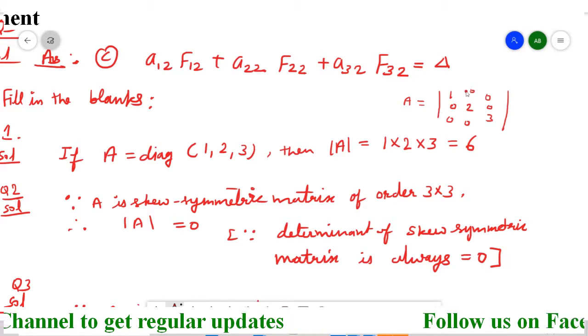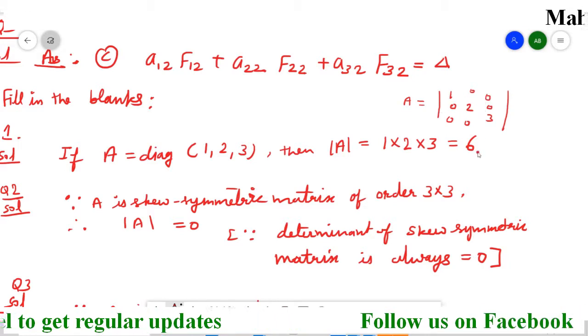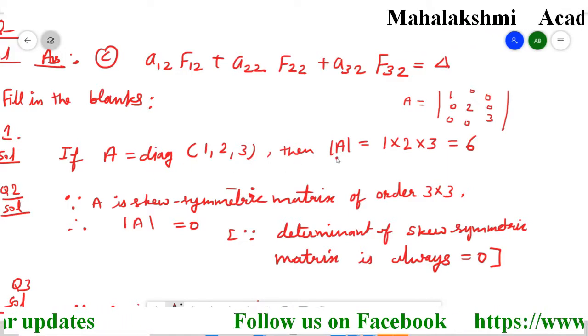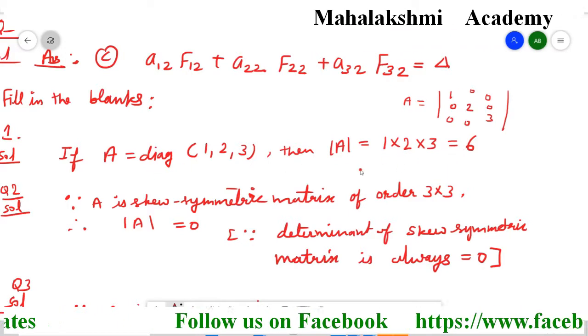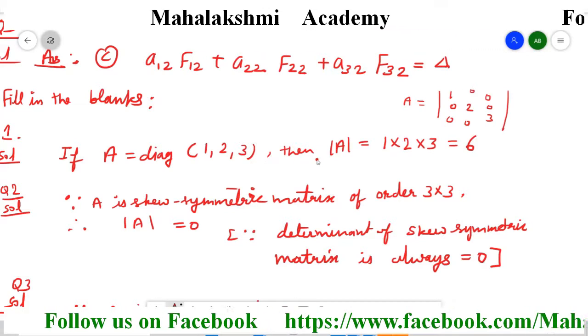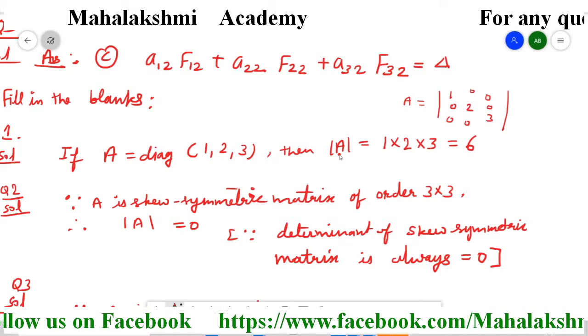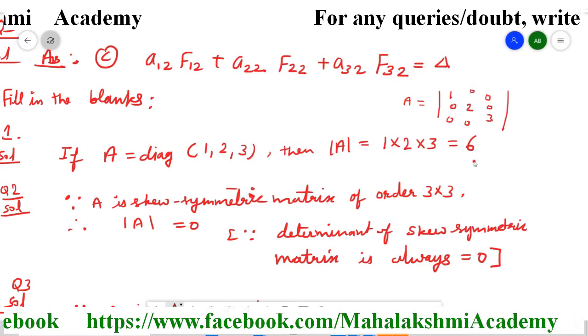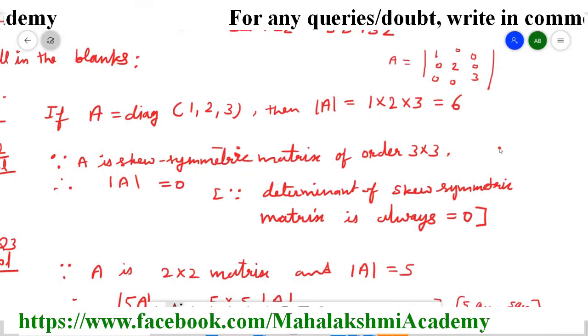So if you open along any row or column, you will get 6 as the answer, or directly just learn it. In a diagonal matrix, the determinant is directly the product of the elements of the diagonal. I am explaining again. The determinant of a diagonal matrix is the product of elements of the diagonal. That is 1 into 2 into 3, that is 6. So it's a direct formula, learn it.